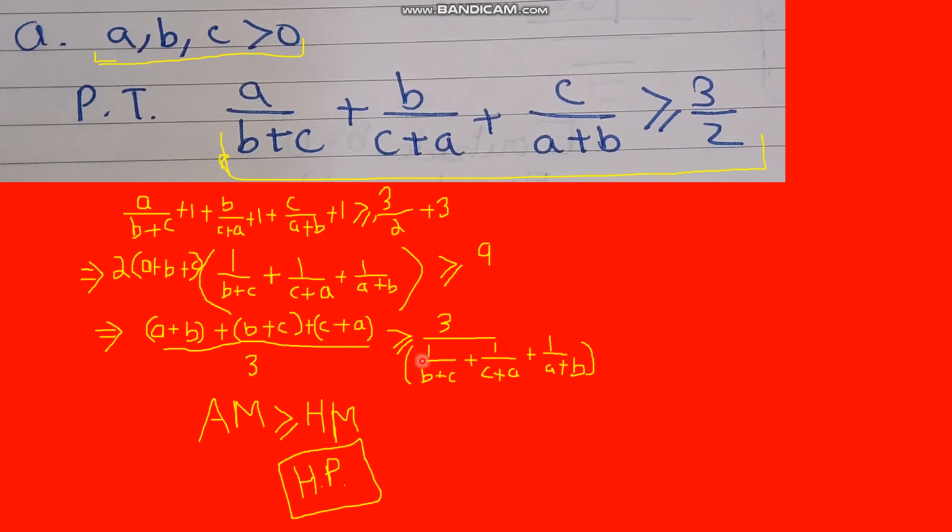I took this down in the denominator. This could be written as this. I took 3 from here, 3 into 3, 3 taken from here, 3 remaining here, and we found this to be our previous AM-HM inequality, and we have proved.